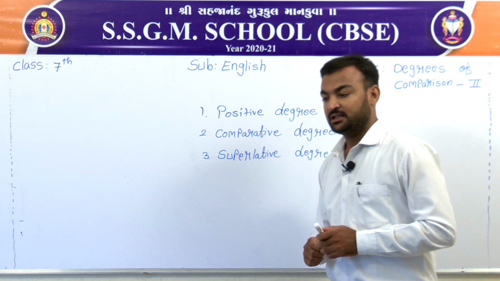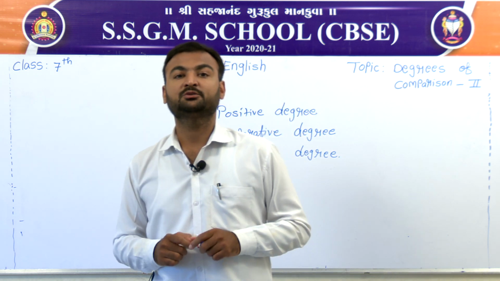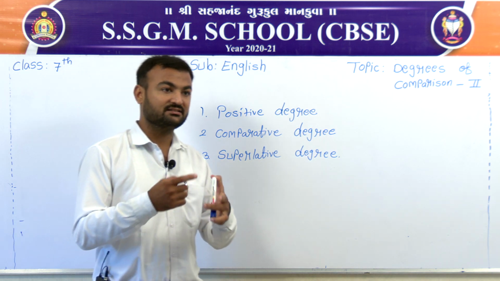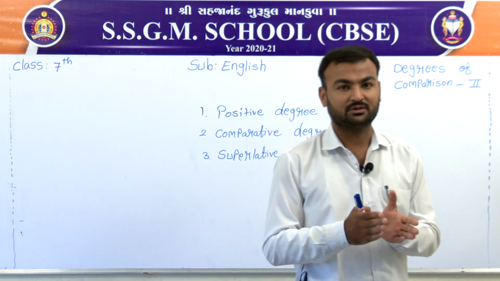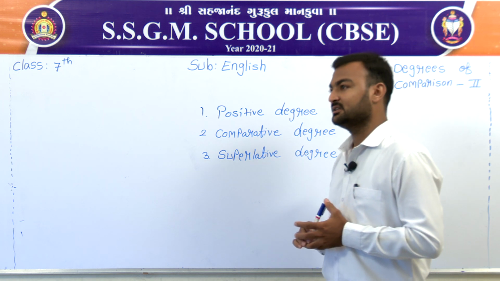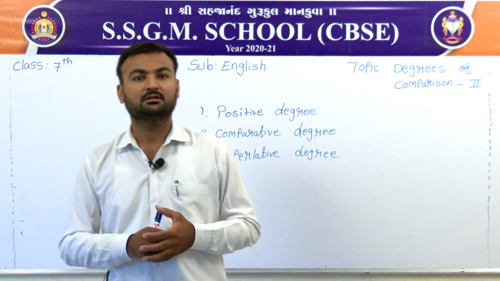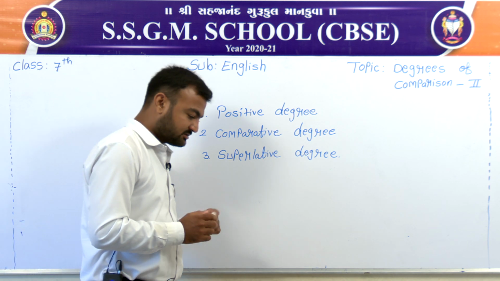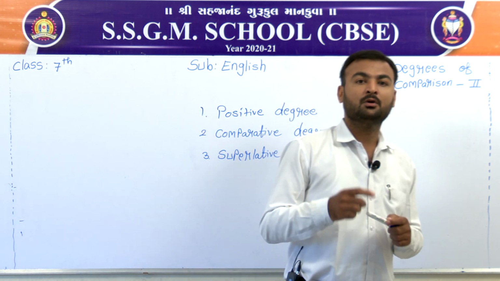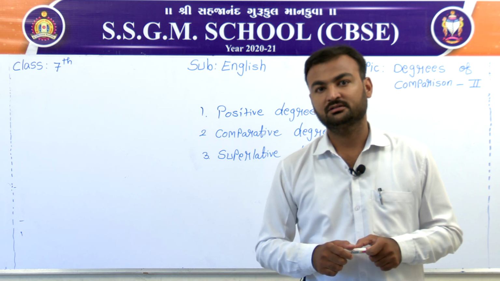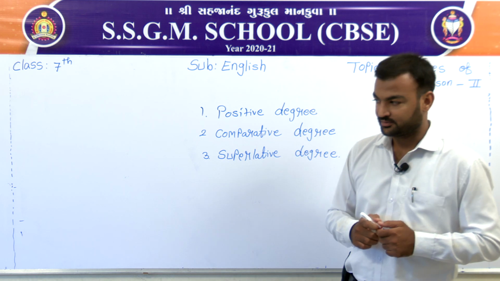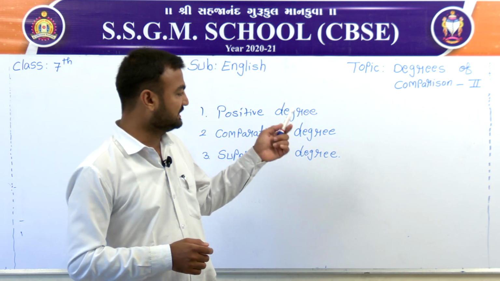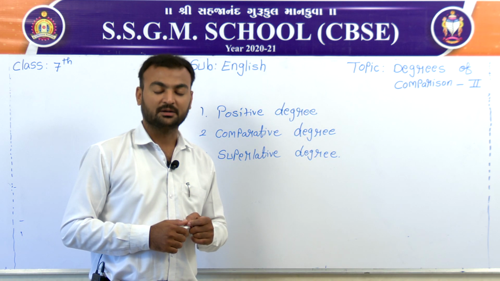In comparative degree, we compare only two things, objects or persons, one in a greater manner and another in a lower manner than the one compared. And in the superlative degree, we compare more than 3 persons, objects or things. These are the basic rules of these degrees, that is how we have to compare.